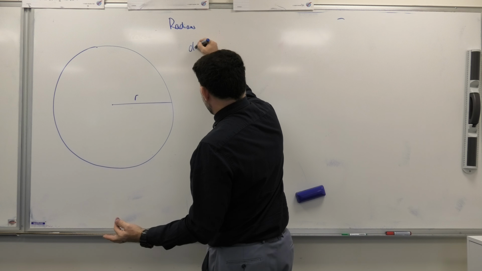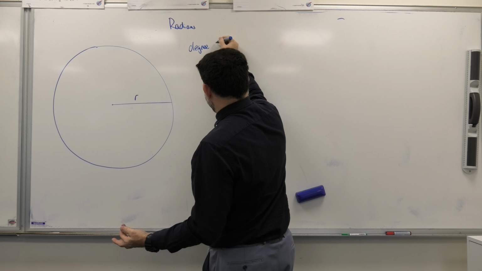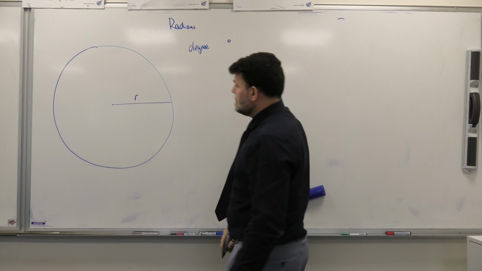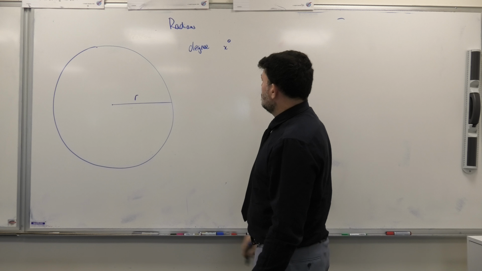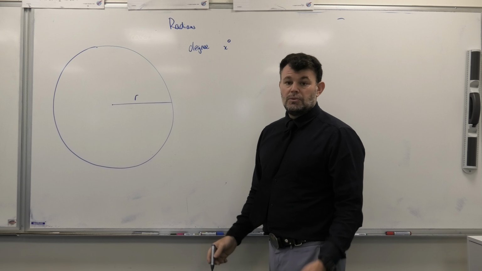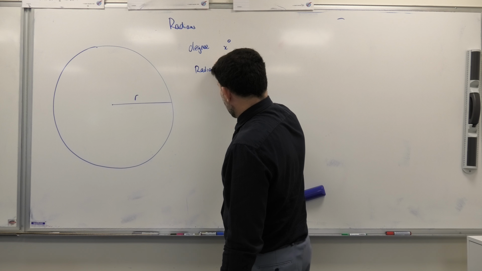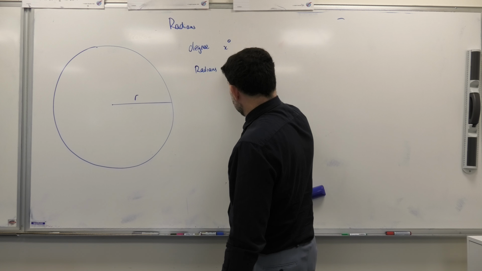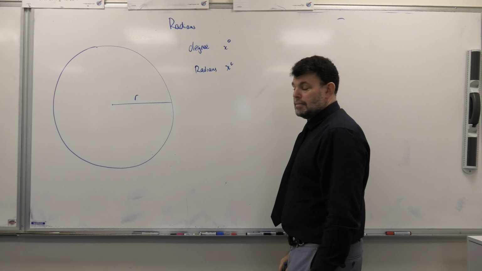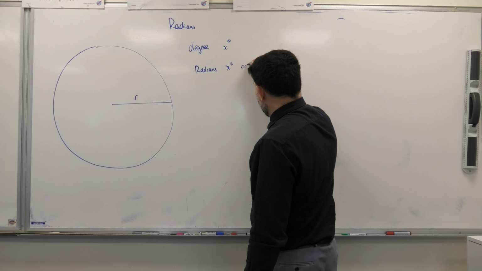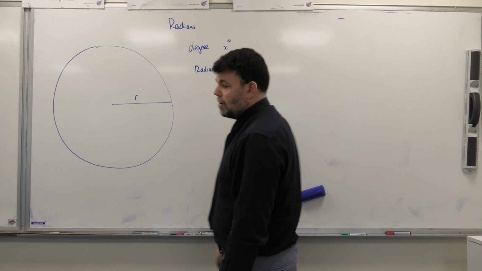We know that degrees is written as something to the power of a little zero. And radians is usually known as C, or another way we can write it is by rads.